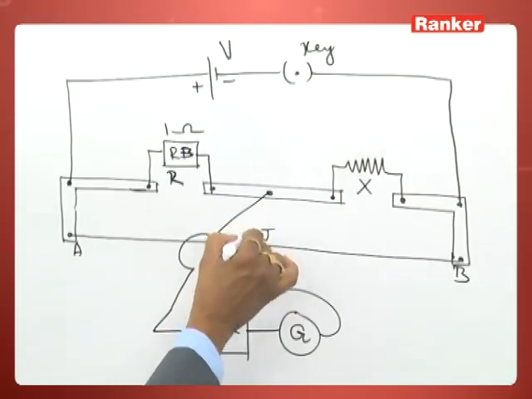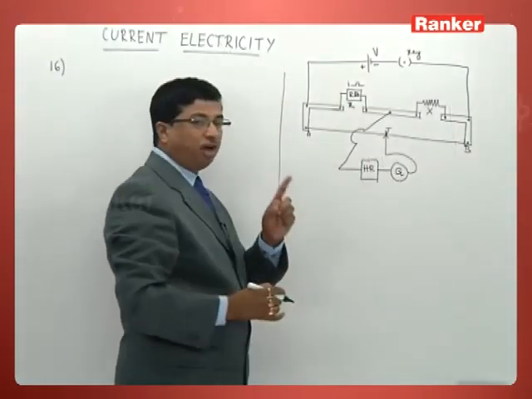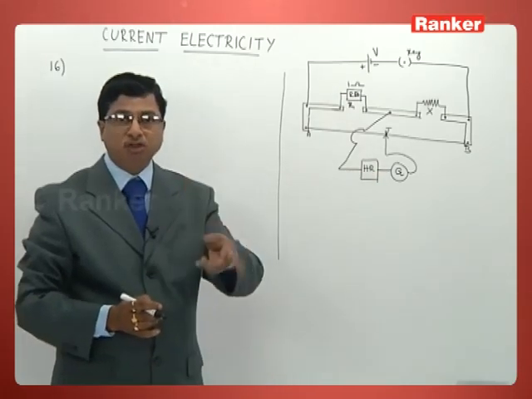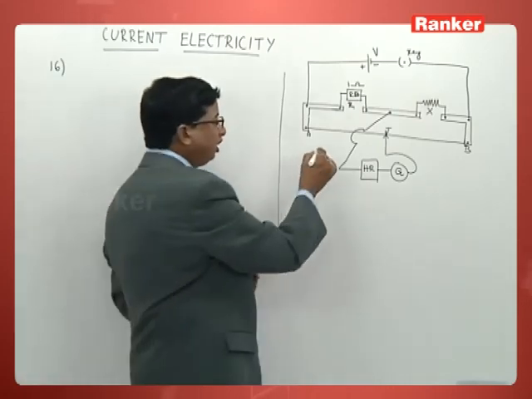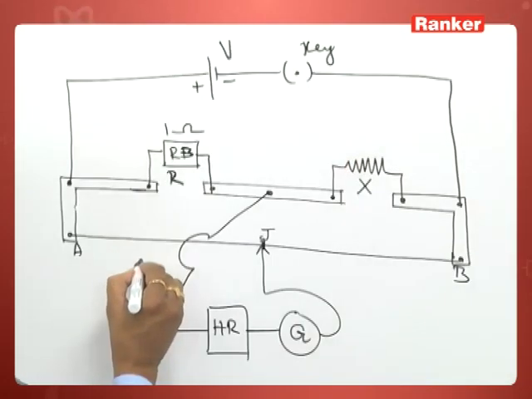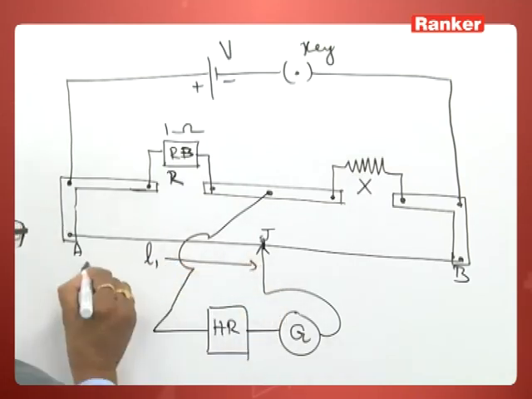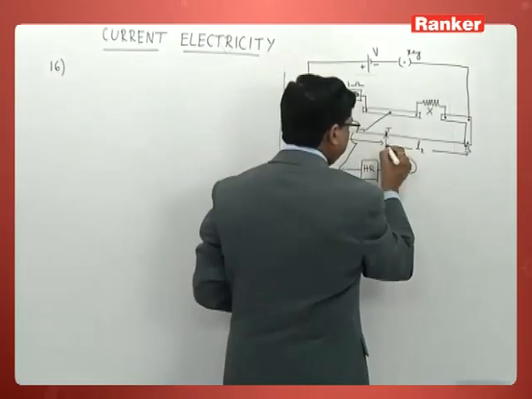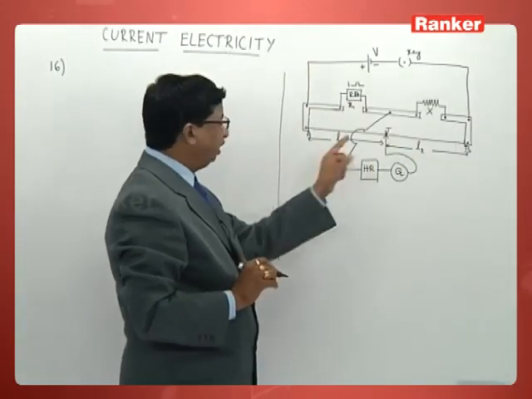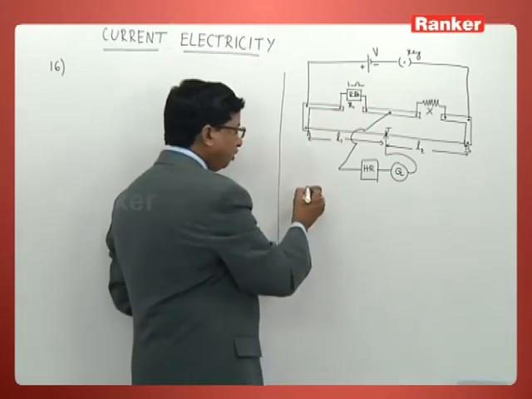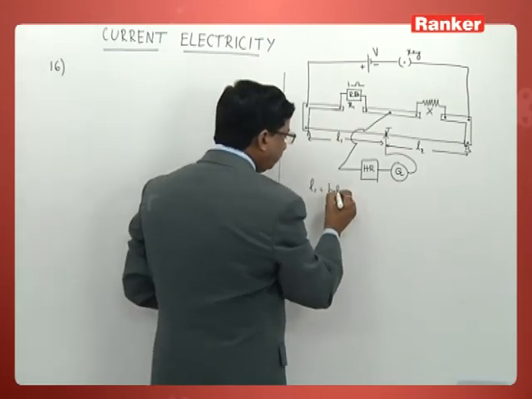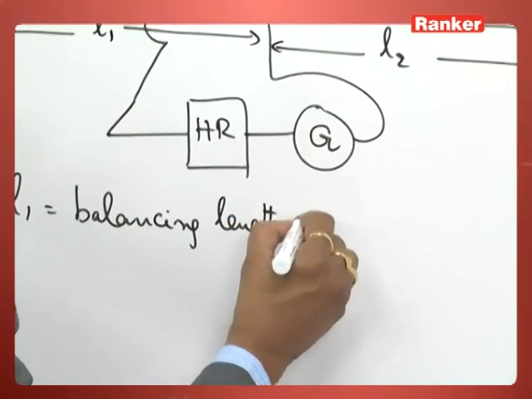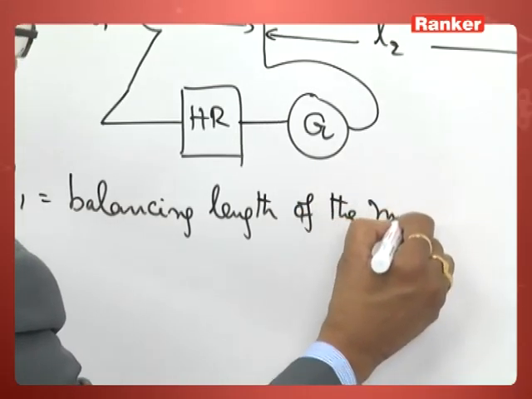Tapping the wire using the jockey, you find that point where the deflection in the galvanometer becomes 0. At that time, this length of the wire is L1 and the remaining length of the wire you take as L2. So what is this L1 called? L1 is called the balancing length of the meter bridge. That is the point.